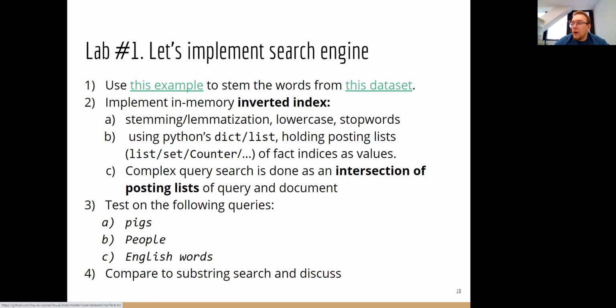And then write the code which allows you to process complex queries. So you consider the query again as a posting list, a list of tokens, and then you just consider intersections of these tokens with other collections of tokens representing the text.